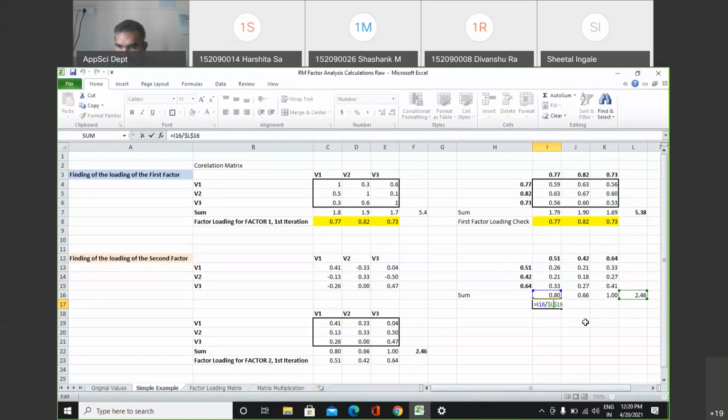Now what happened? Oh, I did not take the square root. Now it matches quickly.